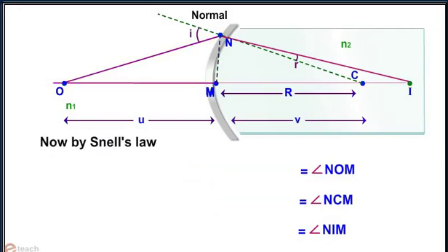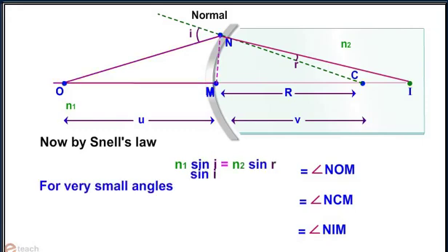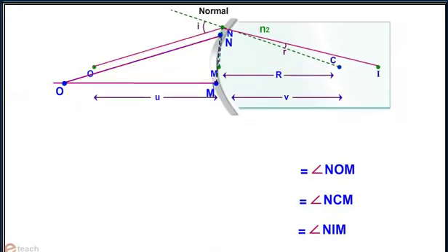Now, by Snell's law, N1 sin i equals N2 sin r. For very small angles, sin i equals i and sin r equals r. Thus, N1 i equals N2 r.